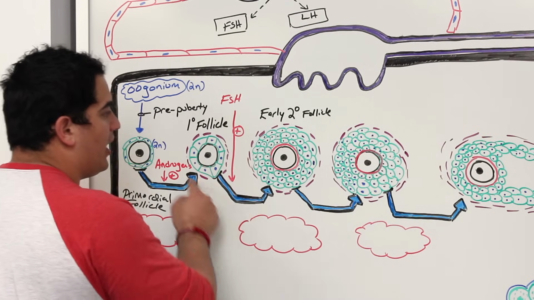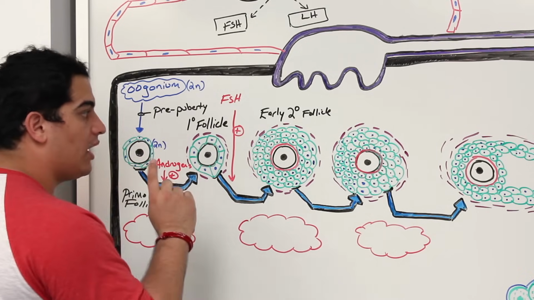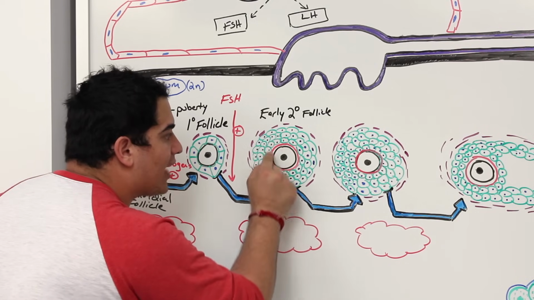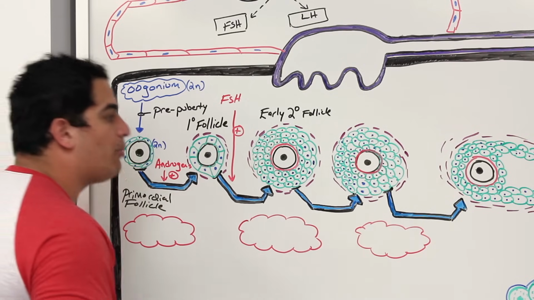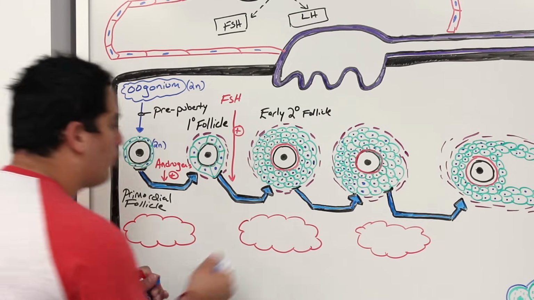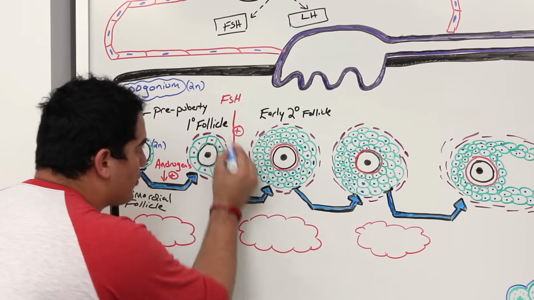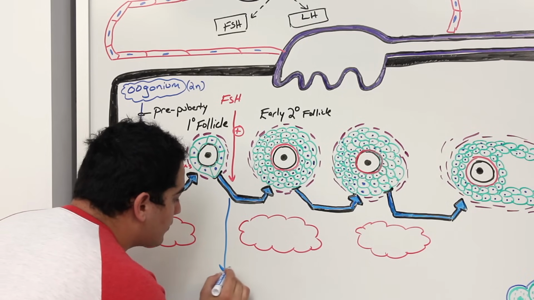So FSH is stimulating the proliferation of these follicle cells to multiple layers. It's also stimulating this actual oocyte to produce a glycoprotein layer called the zona pellucida. And look what else it's causing the production of. So these cells right here, when they're stimulated by this FSH, look what they're producing.